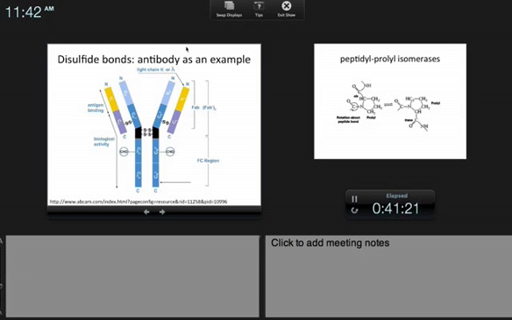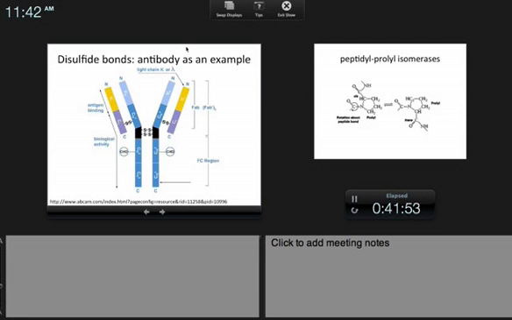The top part here binds to antigen, and the bottom part down here interacts with other components of the immune system. And so it's a form of communication. And so you'll notice that it's made of essentially 4 protein chains. And they're connected by disulfide bonds. Every time you see SS, that's a disulfide bond.